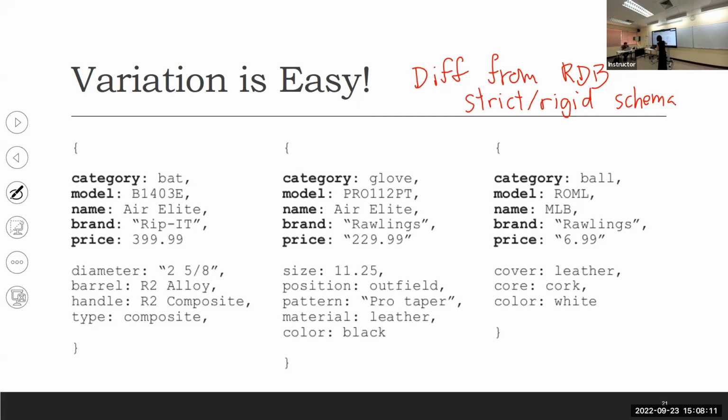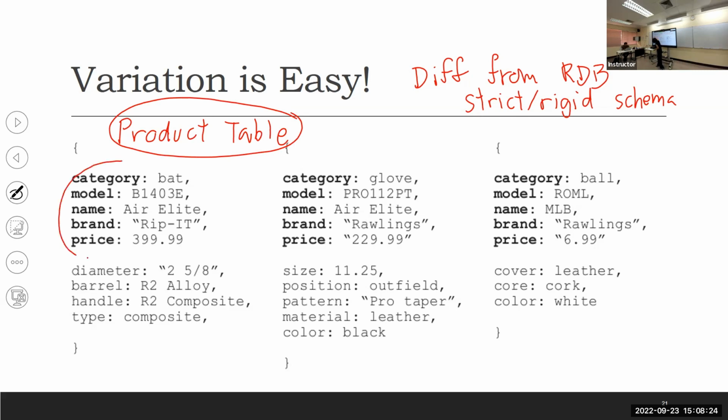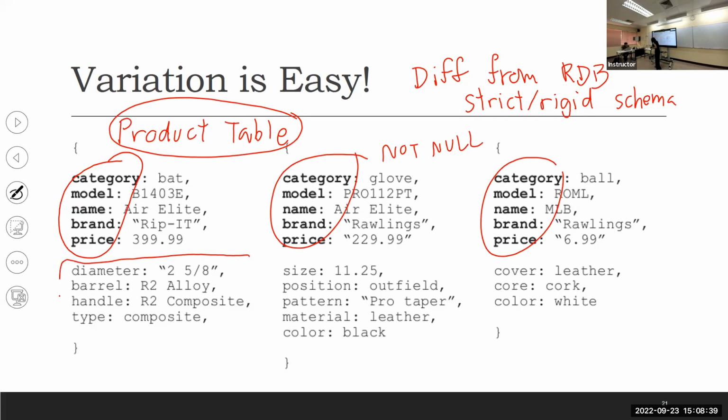So something like this, if you want to store everything in the same product table, in a relational model, you might design your product table to have for sure all these 5 attributes. They are compulsory, right? Cannot be null, okay? You can see they are the same, not null. And, oh, maybe you need to think of another table as a separate table, right?